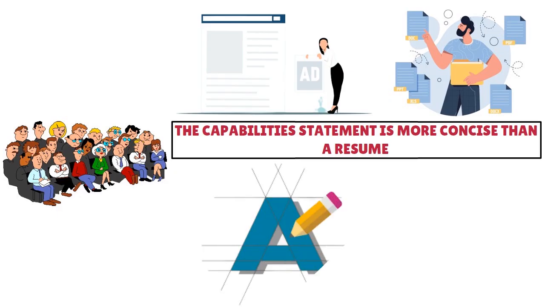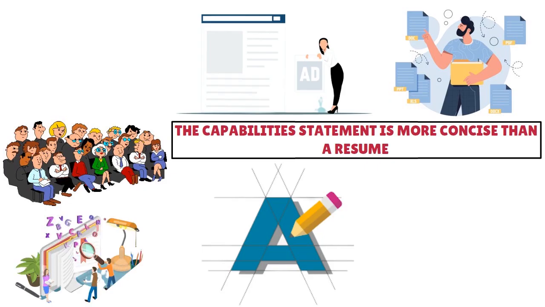So you have to be careful about the fonts you use, what kind of bullet points you use, and also the word choices. The focus here is on brevity, on conciseness. You have to be as brief as possible.